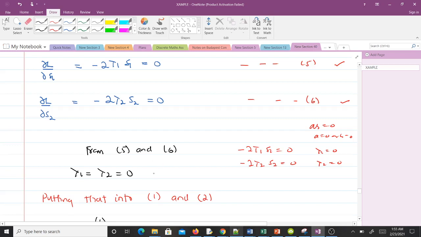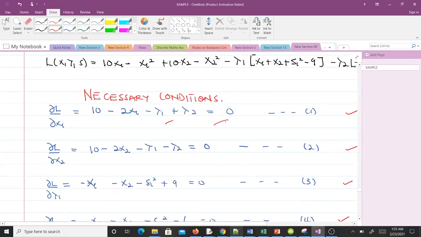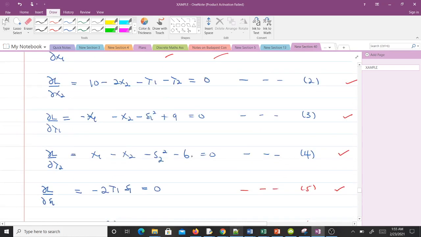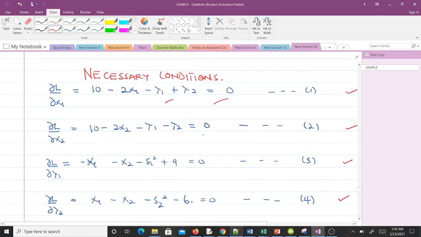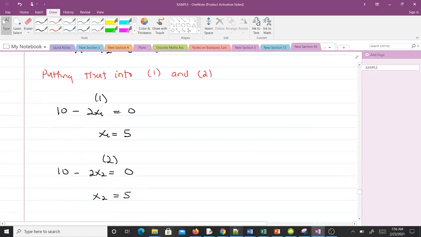So from equation 5 and equation 6, we will have lambda 1 and lambda 2 to be 0. So putting that into equation 1, this is equation 1. So we put that into equation 1. After that, we put that into equation 2. So that putting that into equation 1 will give us 10 minus 2x1 equals 0. And we get x1 to be 5. Putting that in equation 2 also give us 10 minus 2x2 equals 0. And we get x2 to be 5.